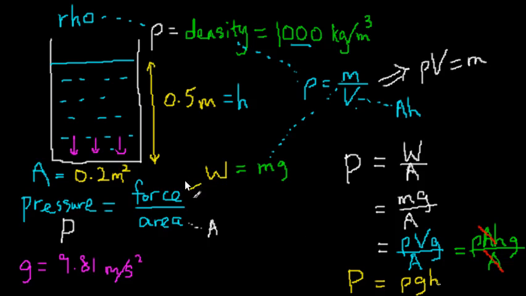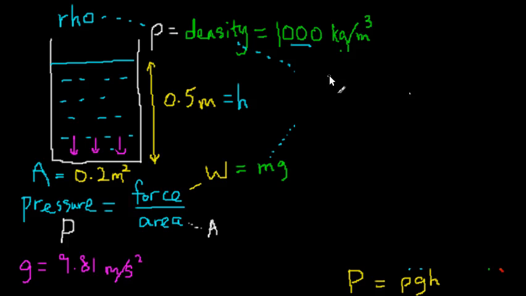So we can now calculate P, the pressure, by taking density, which is 1000, times acceleration due to gravity 9.81, times the height, which is 0.5.